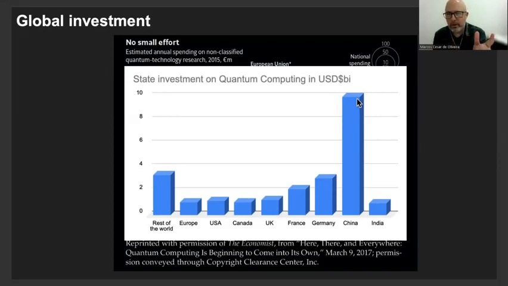This is why in recent years we see a huge development in superconducting, optical and ionic systems for quantum technology in general. So this is quite important: state money put directly into research is quite important for this development.